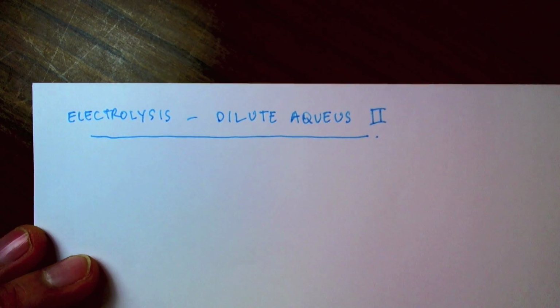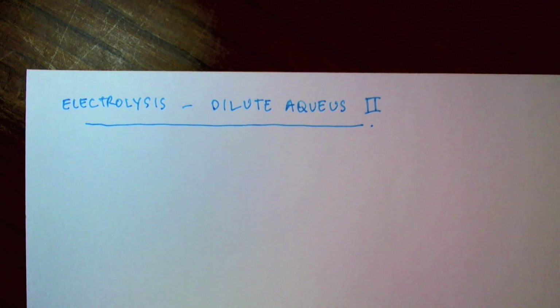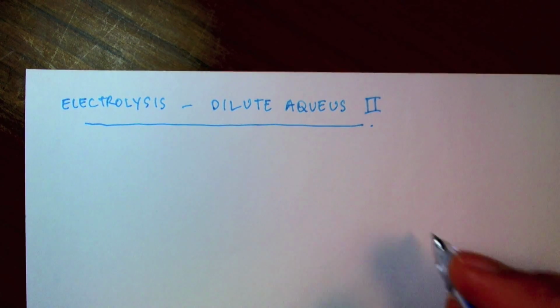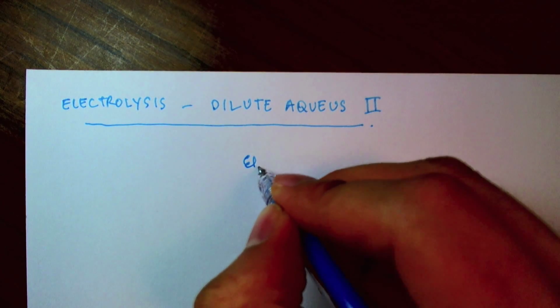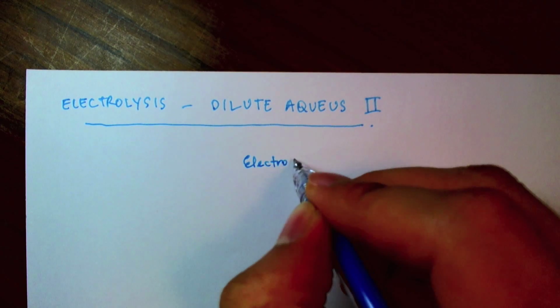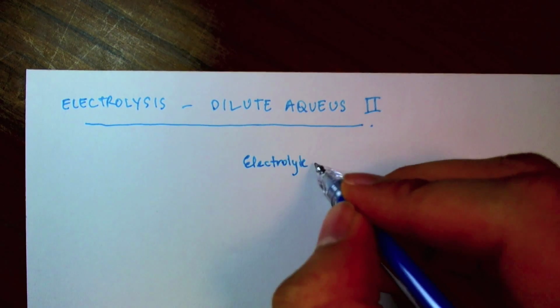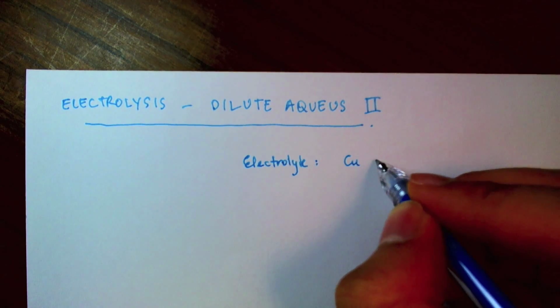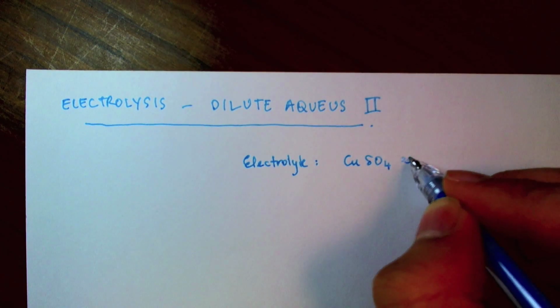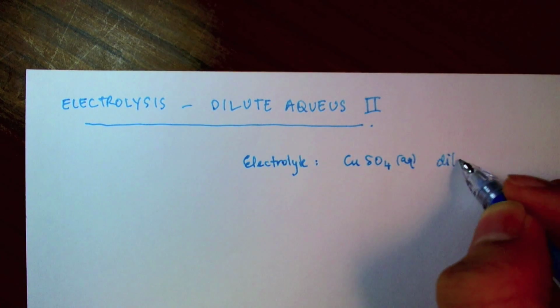So just to remind you, a dilute solution is different from a concentrated solution in that there's very little of the substance that we're talking about in it. In this case, my electrolyte is copper sulphate, aqueous, and dilute.